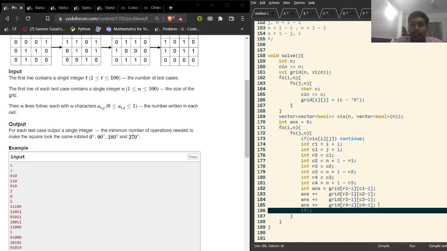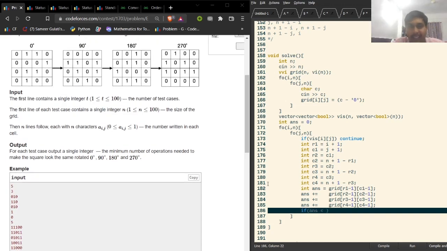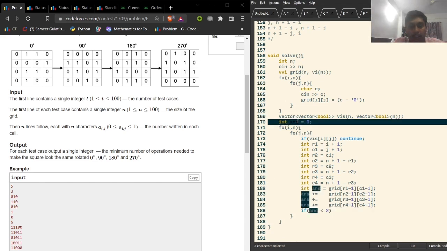So now if this answer value is less than 2, so answer can either be 0, 1, 2, 3, 4. If it is 2, it is fine. Okay, why are we using the same variable, so let's just call it total.